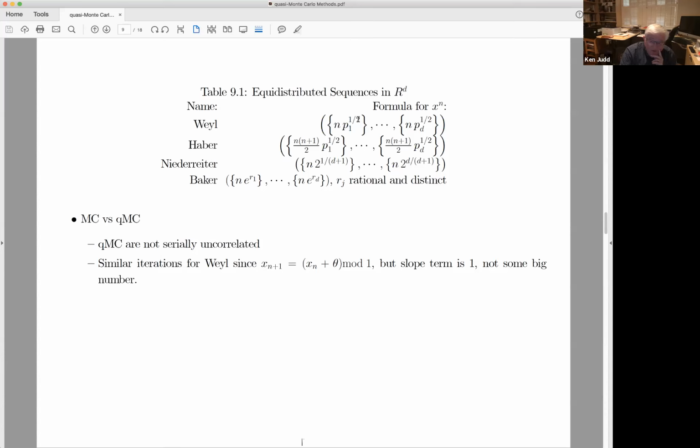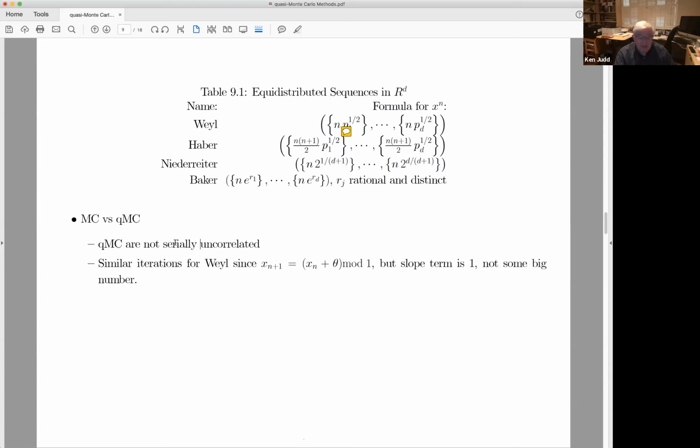For d dimensions, you pick d different prime numbers, and then you take the square root of each, which is going to be an irrational number. And then the nth draw is going to be n times this vector, and then take the fractional part of each component. And then the Haber sequence uses something similar to this.